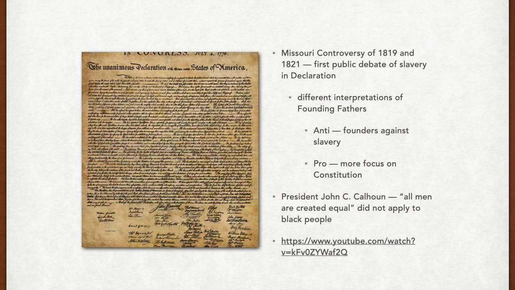He gave a speech later on about how the 4th of July doesn't apply to black people because of slavery and everything. So take a look, this is an actor who's reciting the speech. It's very good.